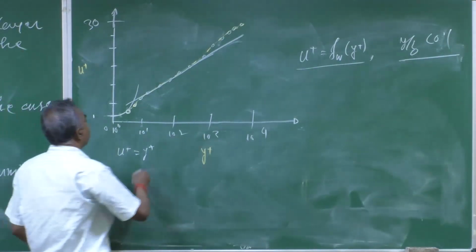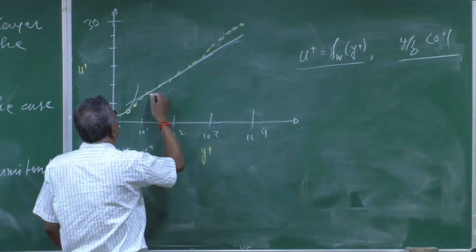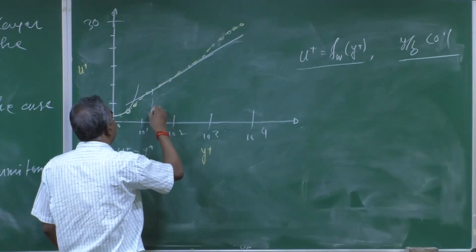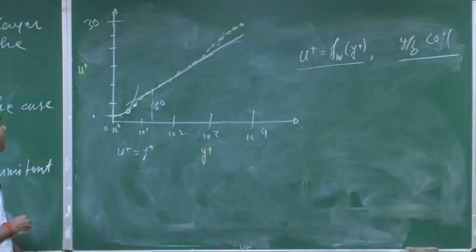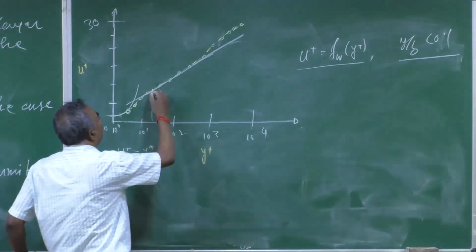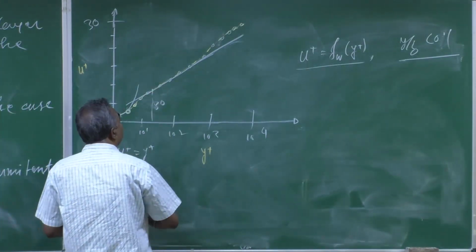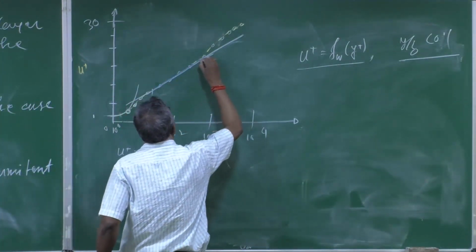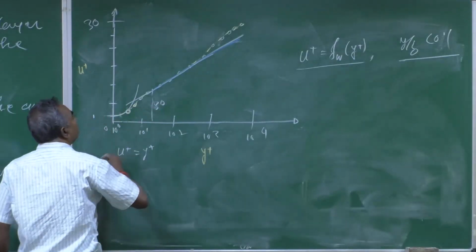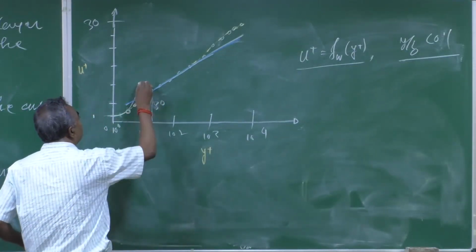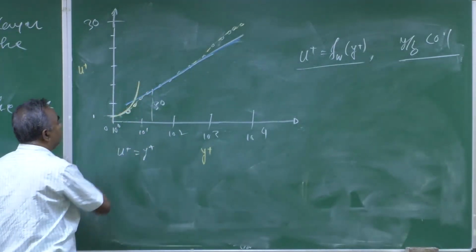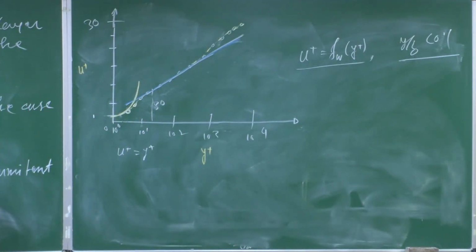So, that means from 30 or 50 onward, let us say this is your y plus 30, this is where your log law holds good. And this is your u plus is equal to y plus curve.